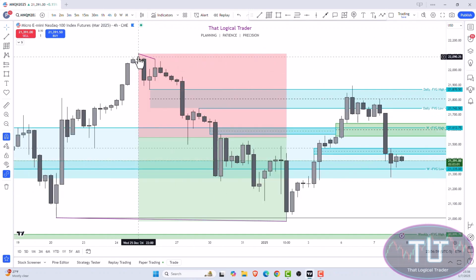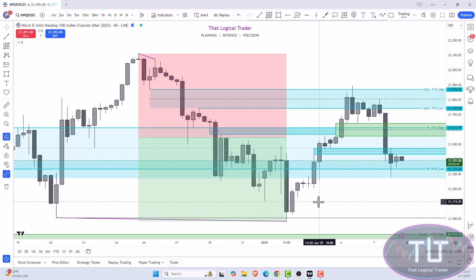Now, after this, we're looking at the 4-hour. What I have here is the dealing range. We have this high and we have this low, and on the 4-hour, what I have here is the fair value gap, which we are going to be using to frame the narrative and bias.